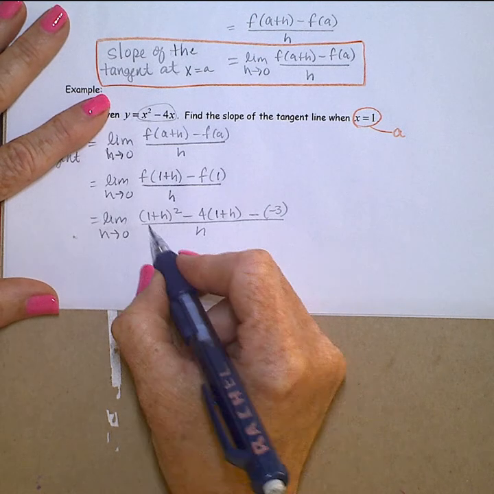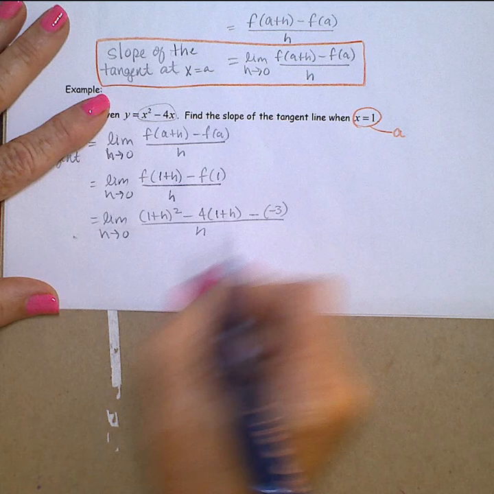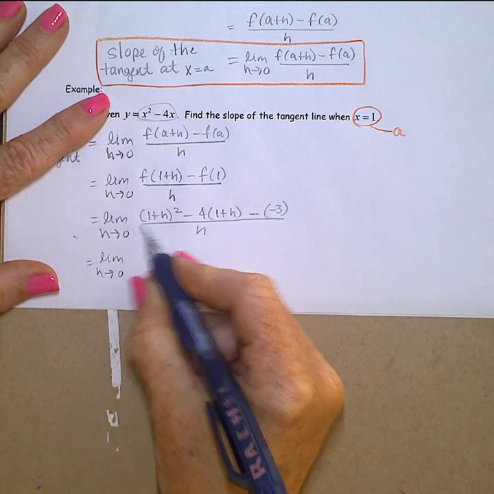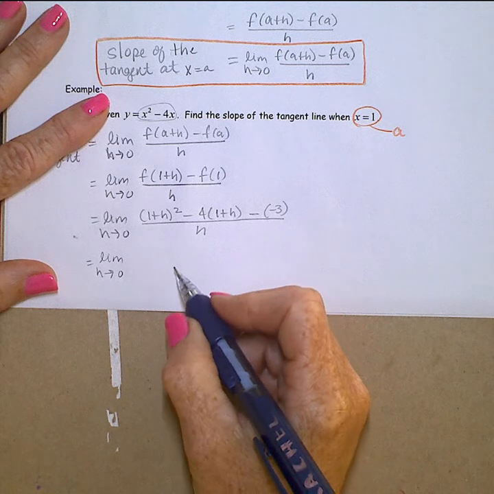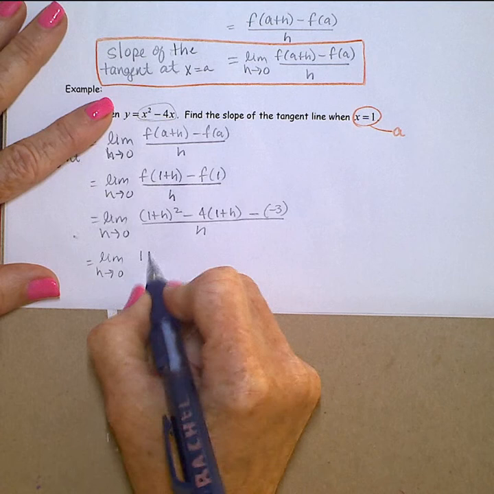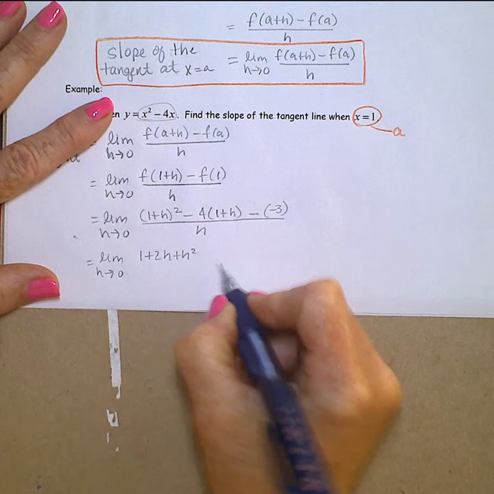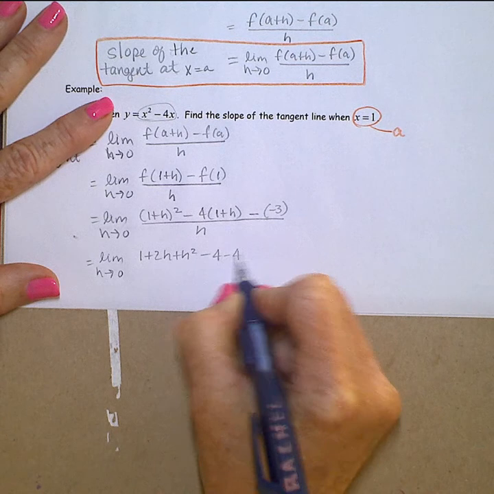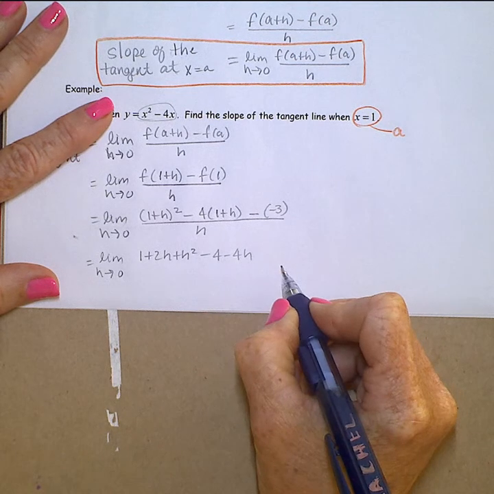You square this out for us and distribute that minus 4 through. Anybody volunteer want to square that out and distribute the minus 4 through? Sharad? Keep going. Plus 3, right?